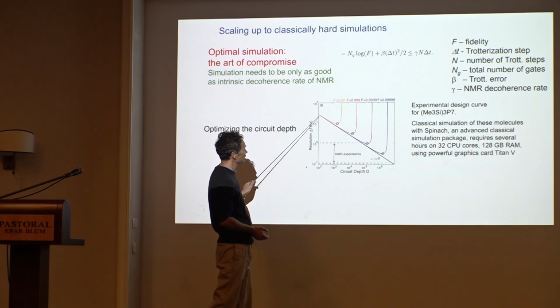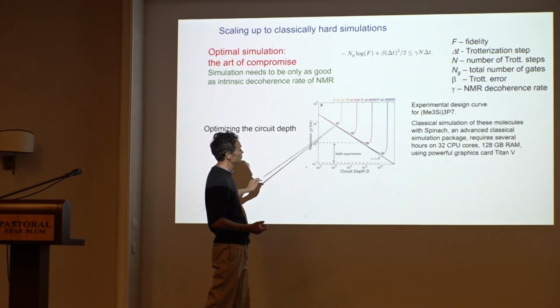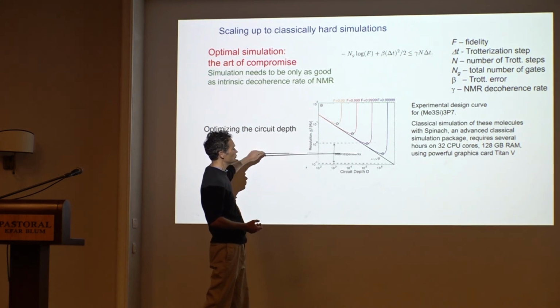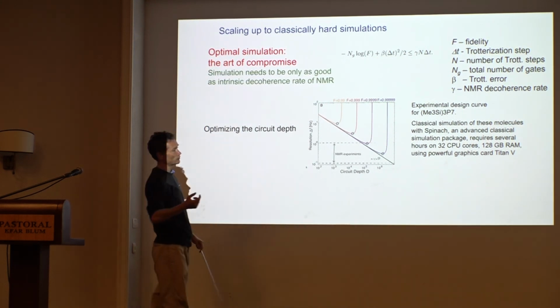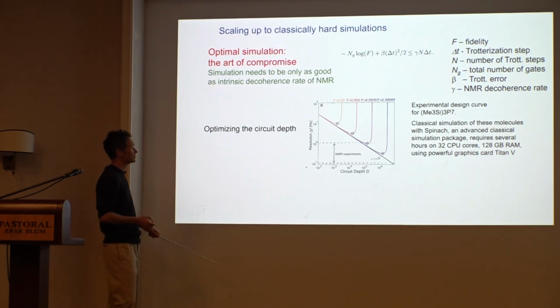For a given infidelity of the gates, you can compute what resolution of the spectrum you can get, and then ask what the intrinsic width of the NMR spectrum is. Unlike classical optimization, the advantage of this problem is that NMR spectra have their intrinsic width, so we don't need infinite accuracy; we just have to be as good as nature. It doesn't make sense to be better than the intrinsic width.